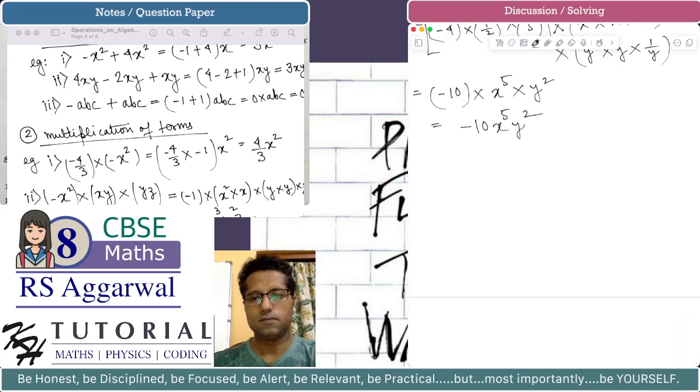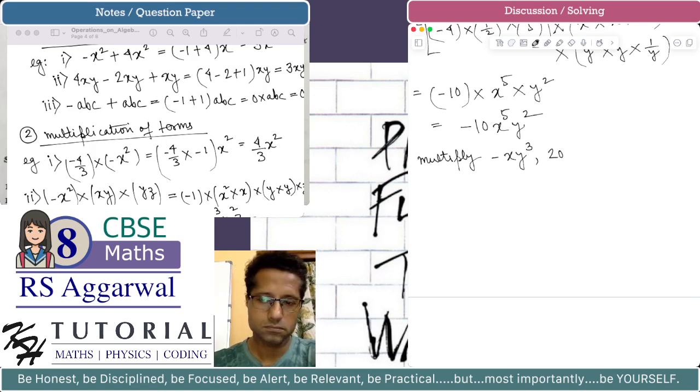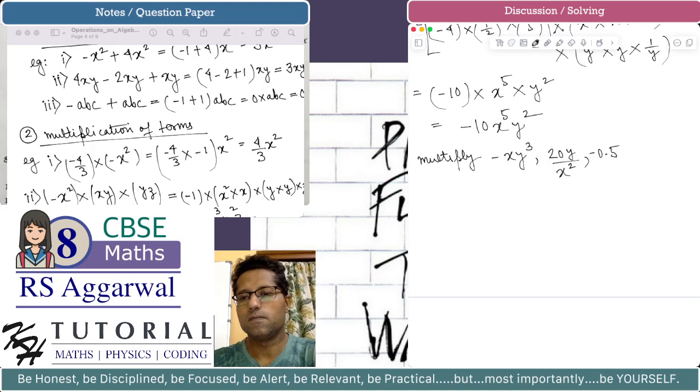Let's say we multiply minus x y cube, and this is the first term. The second term is, let's say, 20 y by x square, and let's say minus 0.5 y square by x, and z.